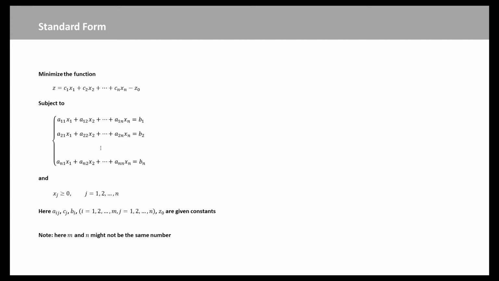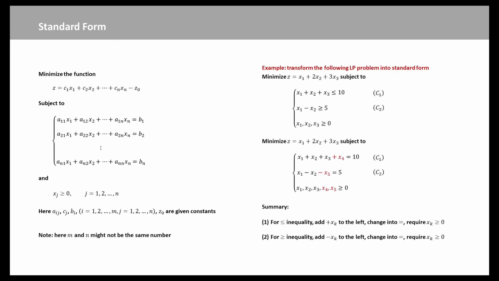Let's go back to a practical issue. We have claimed at various times that one can transform all these linear programming problems into the standard form which we have just defined. Let's take an example. We want to transform the following linear programming problem into standard form.